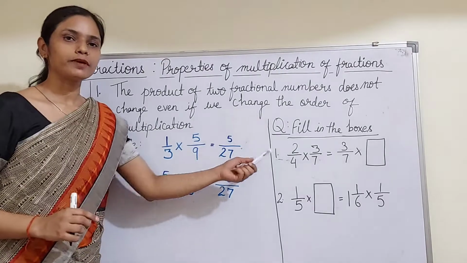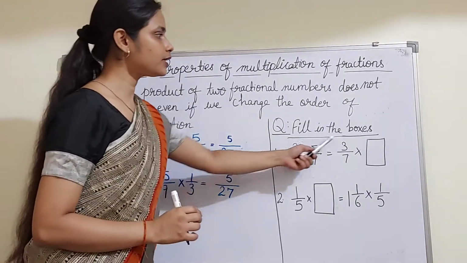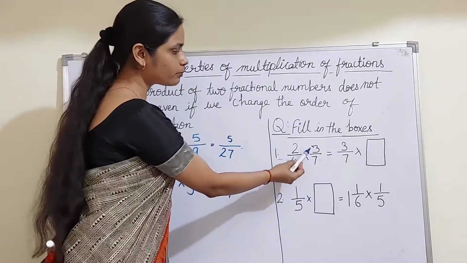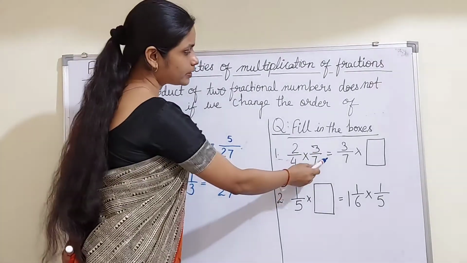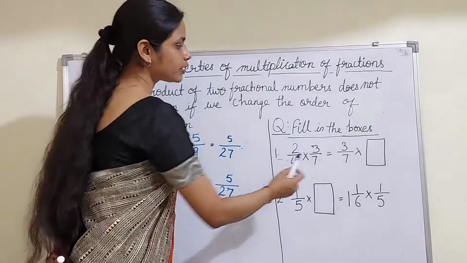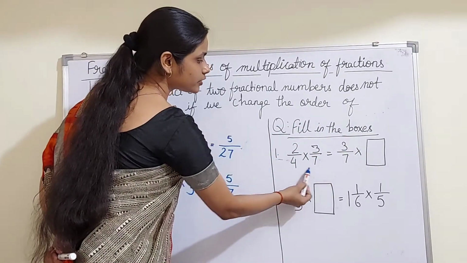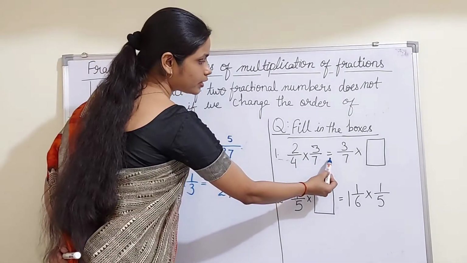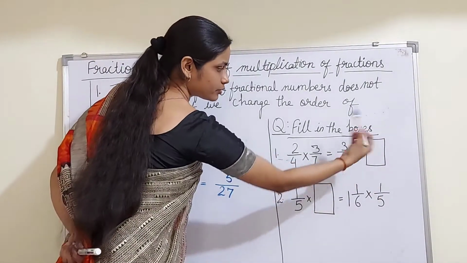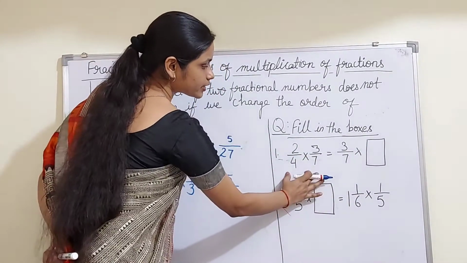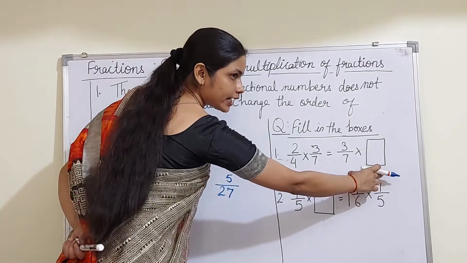Now let us do one question that says fill in the boxes. Here it is written 2 by 4 multiplied by 3 by 7 is equal to 3 by 7 multiplied by what number? Remember one thing: the fractions written on this side of the equal sign are the left hand side, and the portion written after the equal sign is the right hand side. The left hand side should be equal to the right hand side.